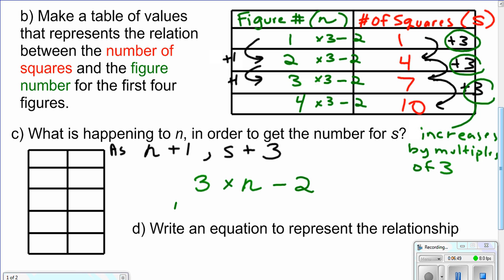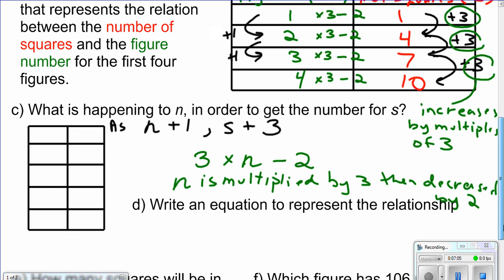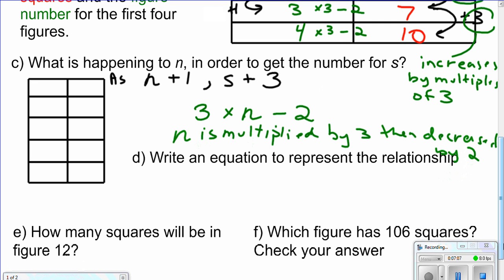So the figure number n is multiplied by 3, then decreased by 2. So if we're going to write the equation, the number of squares is equal to 3 times the figure number decreased by 2.